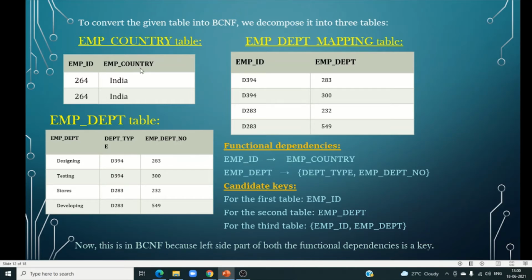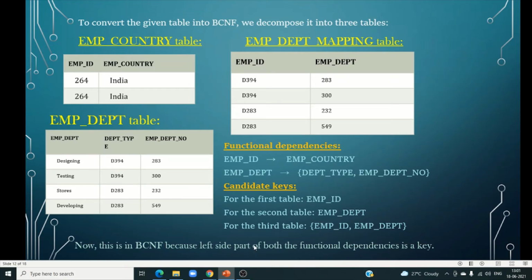Now the functional dependencies between these tables: employee ID is the key attribute which determines the employee country, and employee department is the key attribute which determines department type and department number. In these two tables employee ID is the key attribute here, employee DEPT is the key attribute here, and in this table also employee ID is the key attribute.